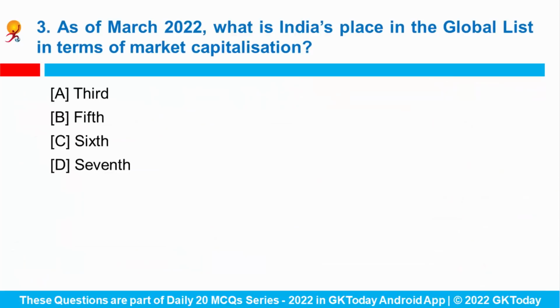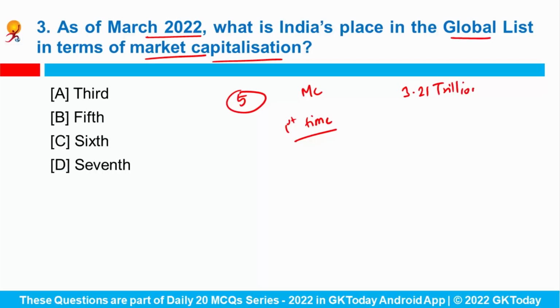Fine. Question number 3. As of March 2022, what is India's place in the global list in terms of market capitalization? So India's equity market has entered into the world's top 5 list in terms of market capitalization for the very first time. And the country's total market cap stands at $3.21 trillion.